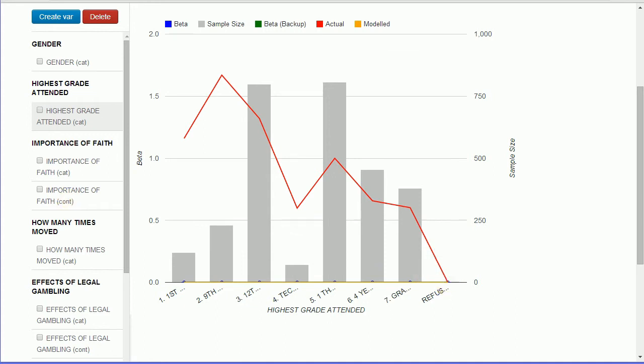Now, the majority of respondents fall into the 1 through 3 years of college bracket, with 807 respondents on a weighted basis. Now, the points on the red line for the other brackets are the gambling problem score, all expressed relative to the 1 through 3 years of college level.